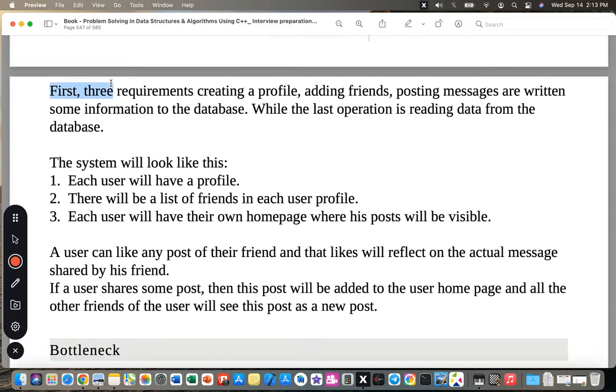The first 3 requirements: creating a profile, adding friends, posting messages, are writing some information to the database, while the last operation is reading from the database. Creating a profile, adding a friend, posting messages, all writes.